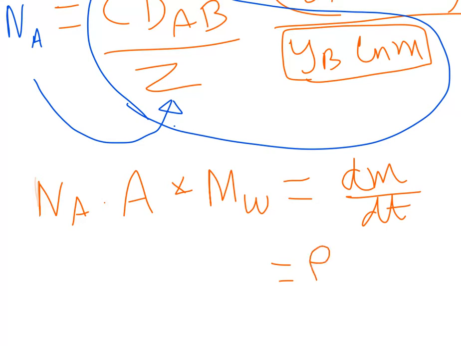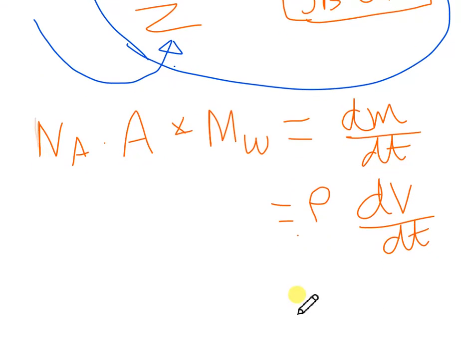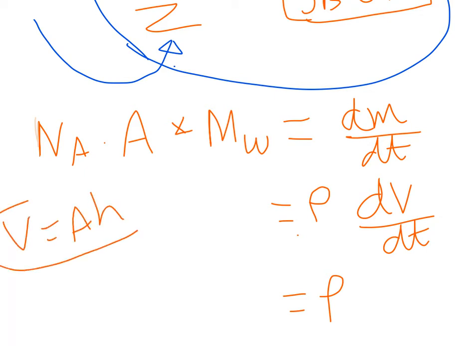Density is constant, and then dV over dt, and the volume is area times height, the area of the base times the height of the liquid. So now we apply the mass balance.